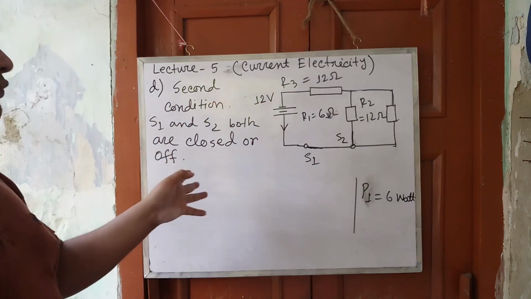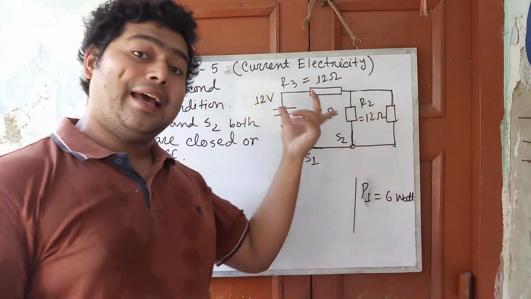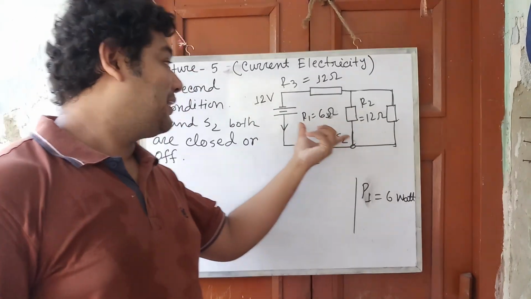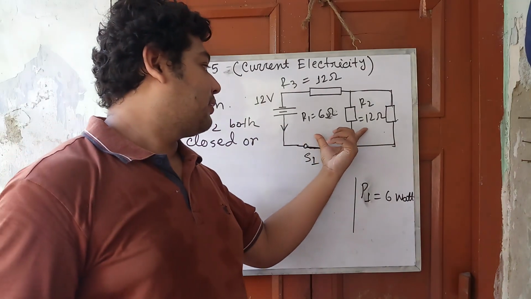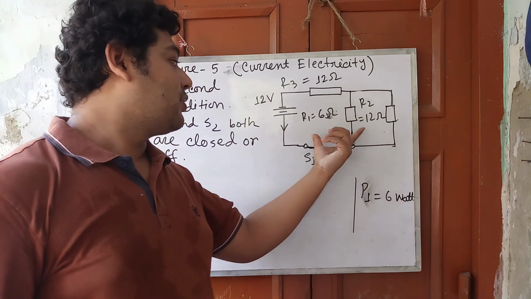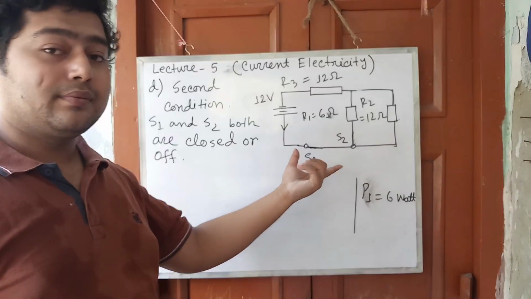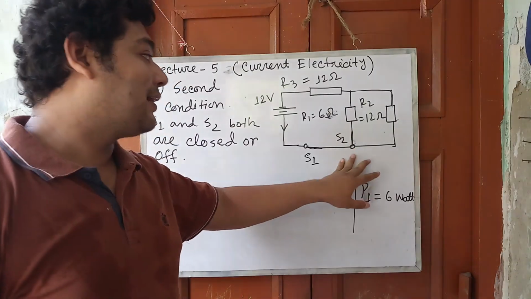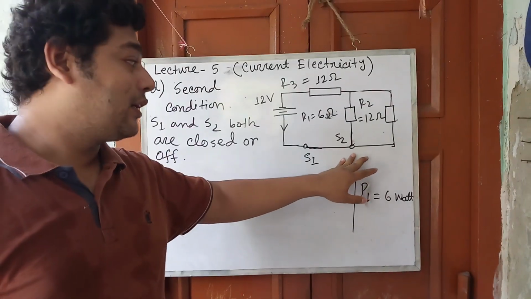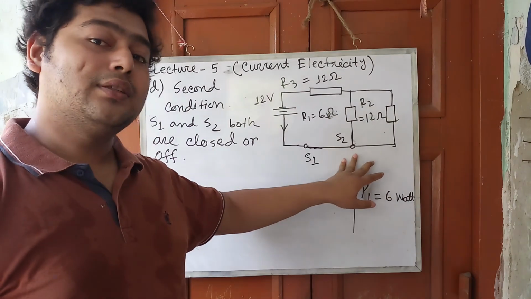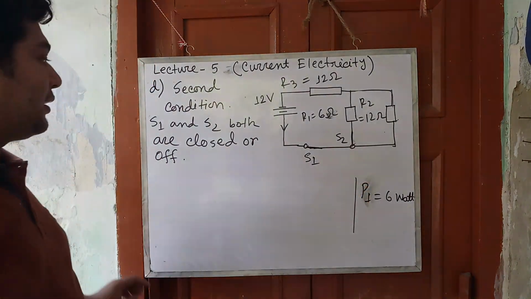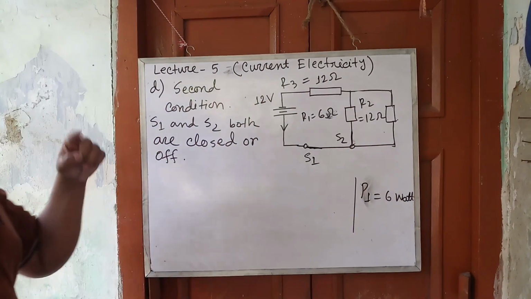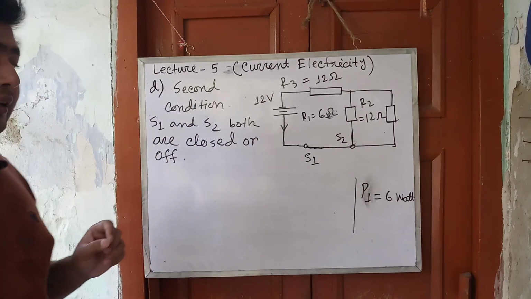The figure looks like our question number C. Then we get our total equivalent resistance from question number C.